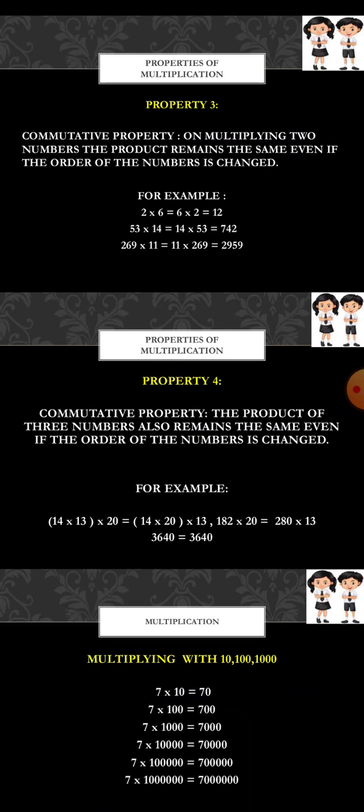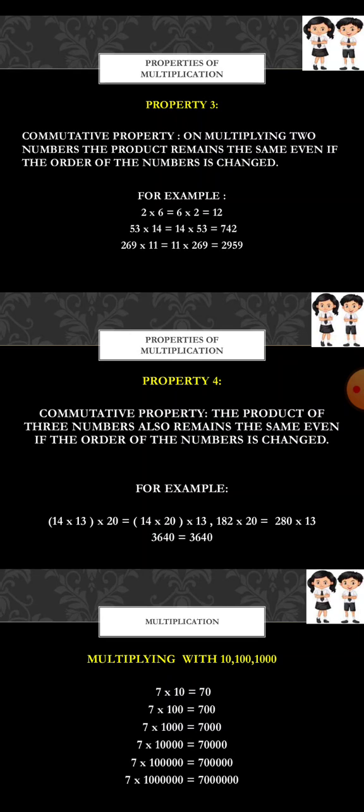Now change their position: 6 multiplied by 2. Now 6 is at the first position and 2 at second position. When you interchange their positions, the result is always the same. 2 into 6 is 12 and 6 into 2 is also 12, irrespective of changing their positions.